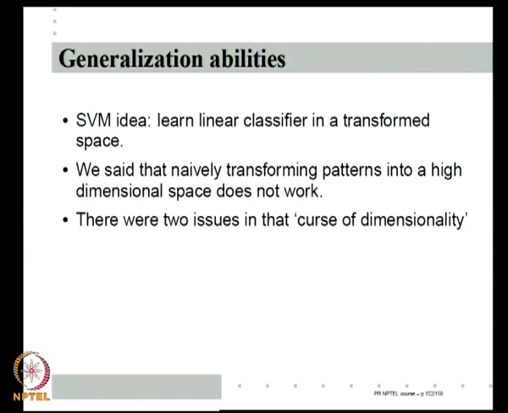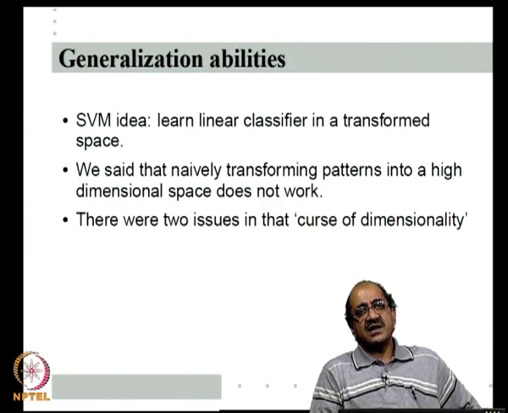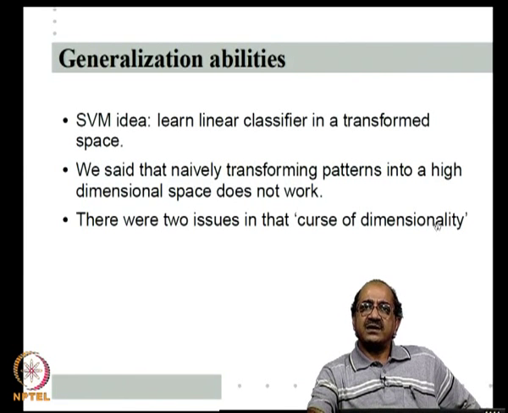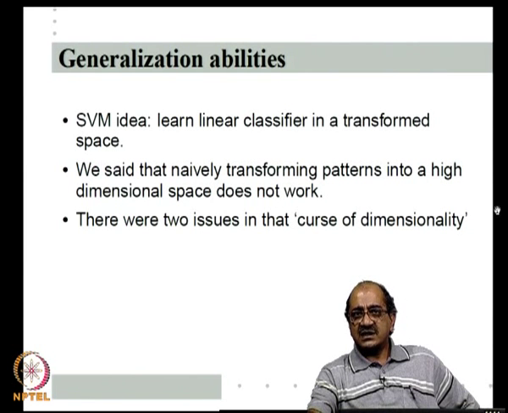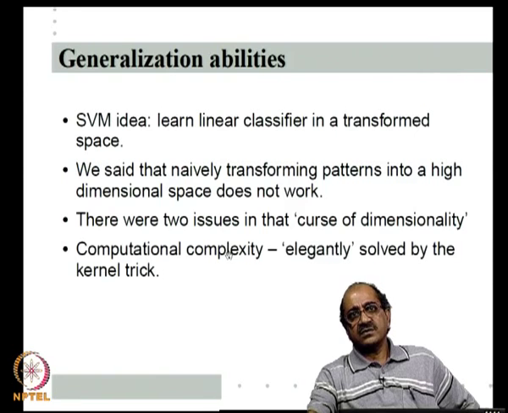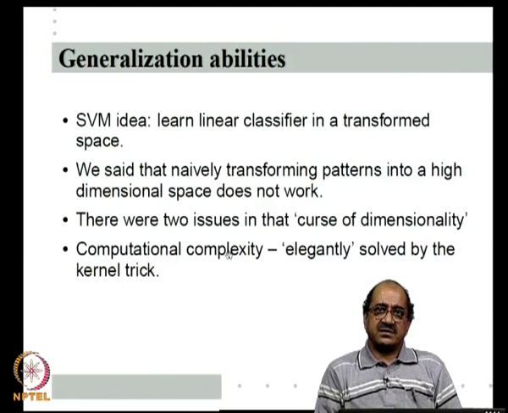If I naively transform, if I want a quadratic classifier, as I said, a 100 dimensional feature vector to start with becomes a 10,000 dimensional feature vector. If I want a cubic classifier, a 100 dimensional feature vector becomes a million dimensional feature vector. So, naively transforming will get us caught in the so-called curse of dimensionality. One issue is computational complexity.